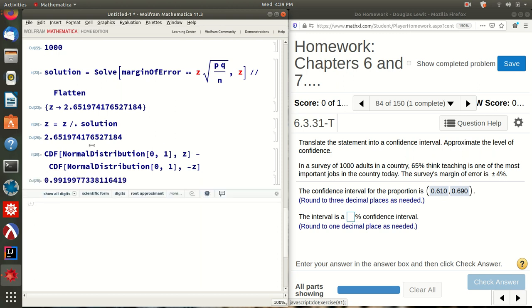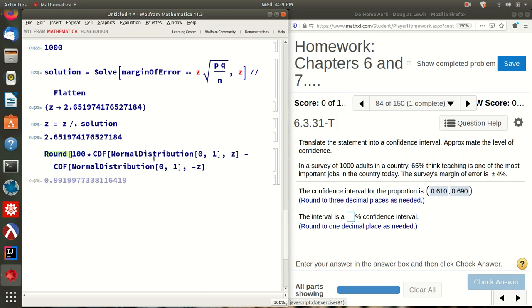Okay, so once again, it's going to be 99.2. Okay, 100 times to make it a percentage, rounds it out to 1 decimal. Yeah, 99.6.